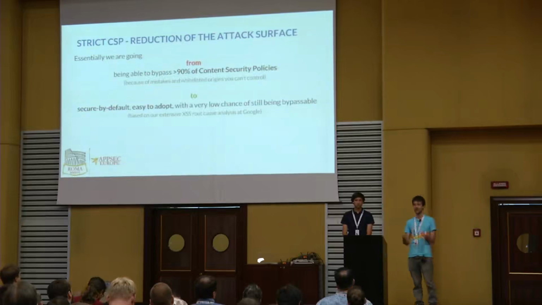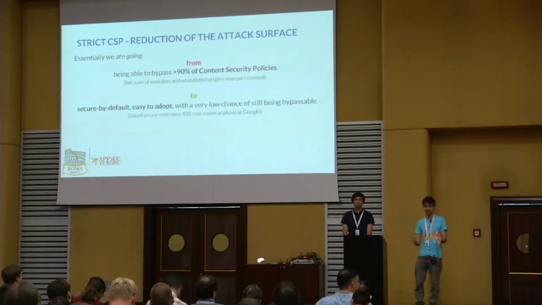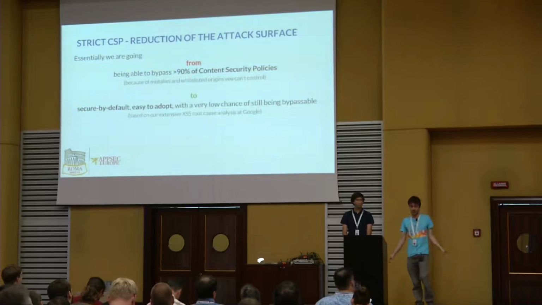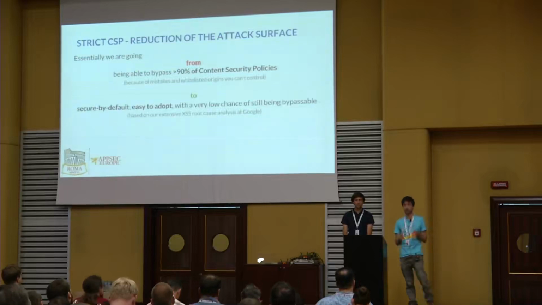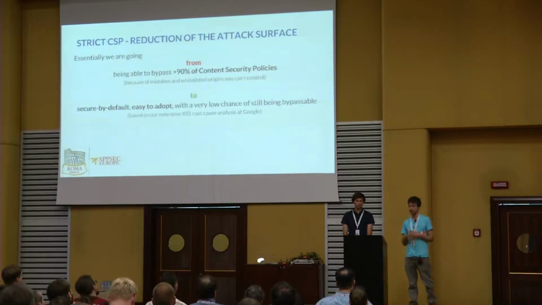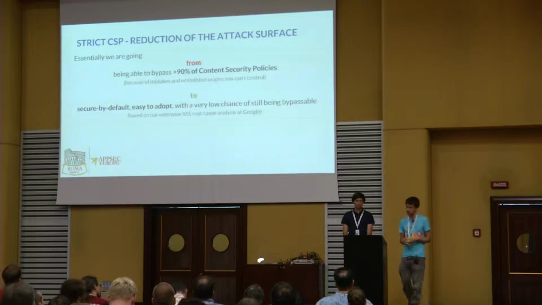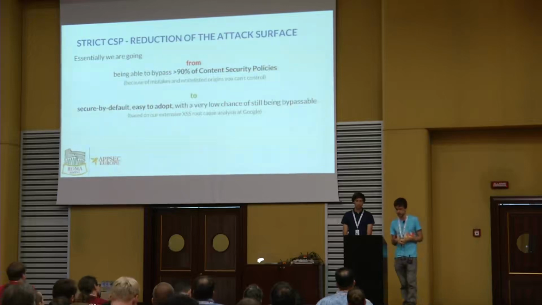You don't really know if an origin or a path that you are whitelisting actually has JSON-P or has Angular, or even open redirects can be a problem. Now, you basically just put trust on what you put. So you get to control back. You have a secure by default, easy to adopt, with a very low chance of still being bypassable.